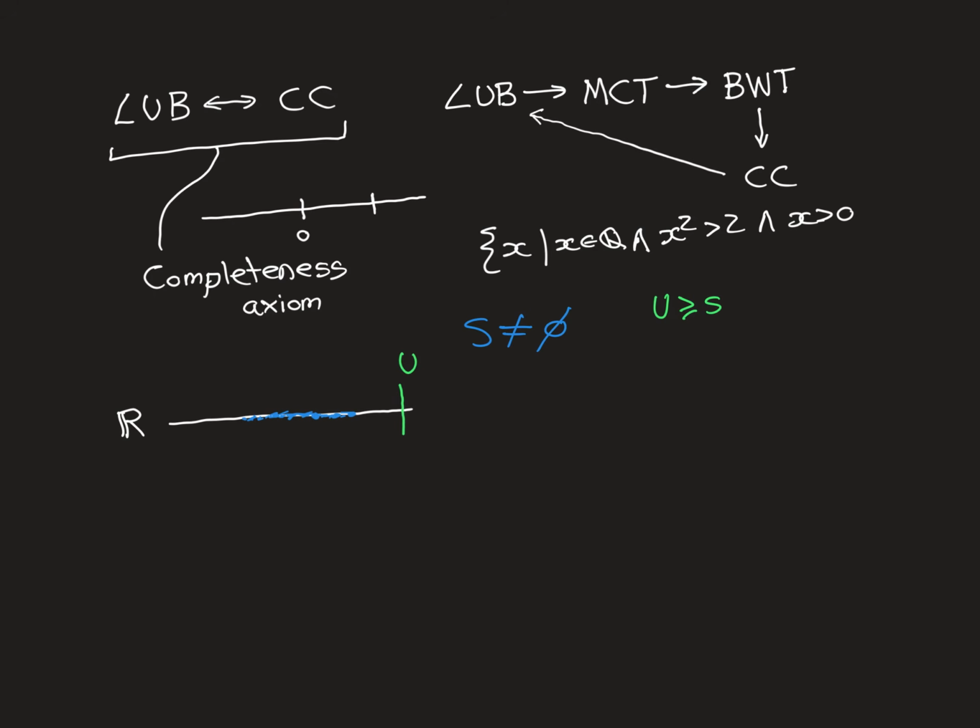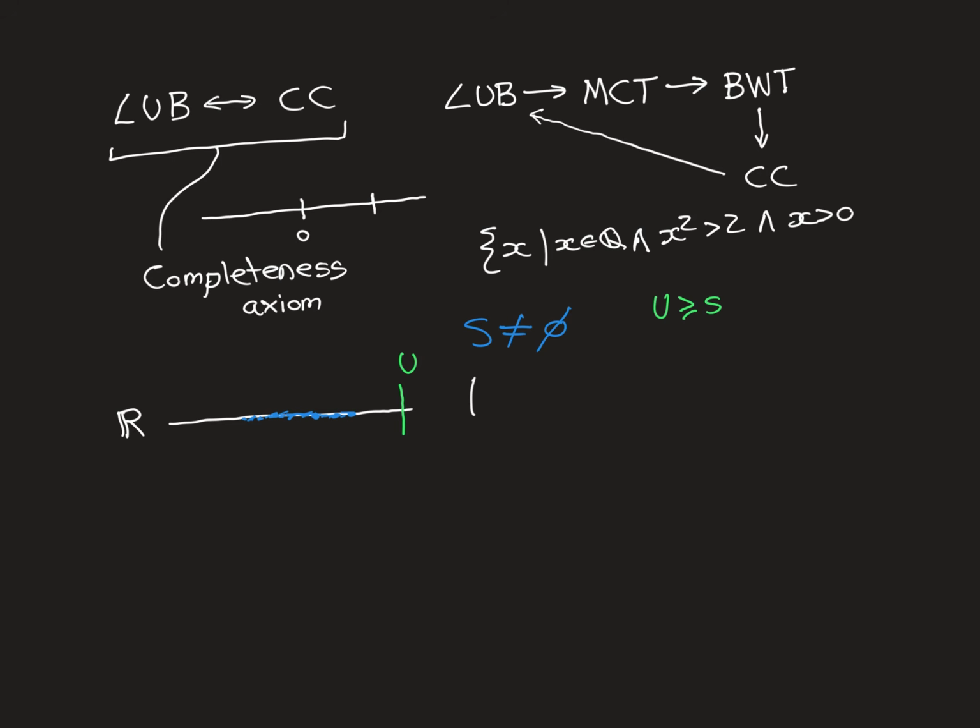I'm going to construct intervals that always contain the supremum, and the way they always maintain the supremum inside them is that one side of the interval is going to be an element that is not an upper bound, and one side is going to be an upper bound, and therefore in between them must be the actual least upper bound. This will become clearer as I construct my sequence.